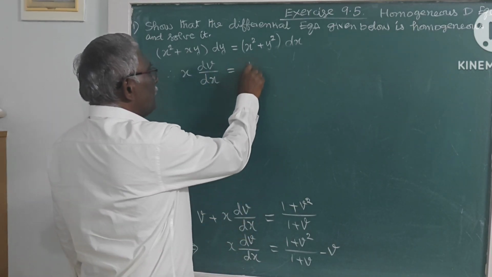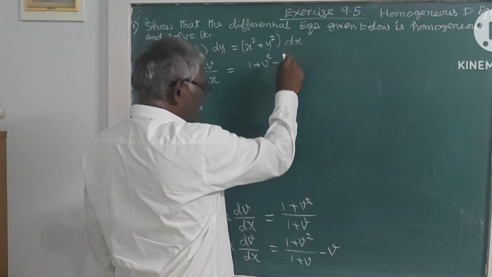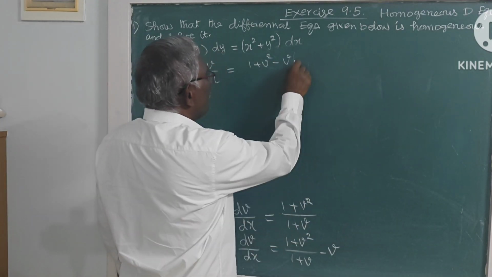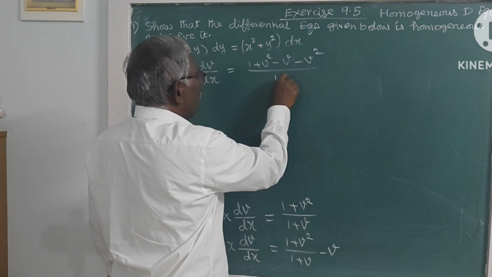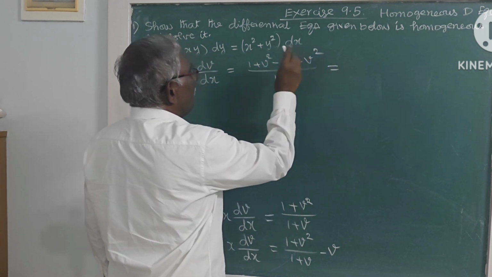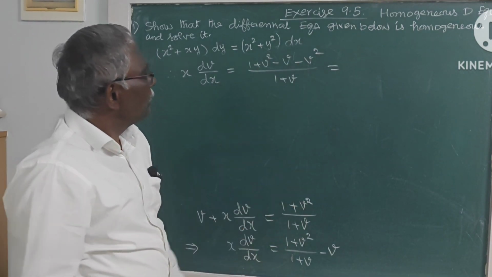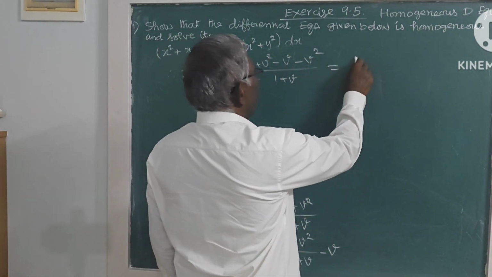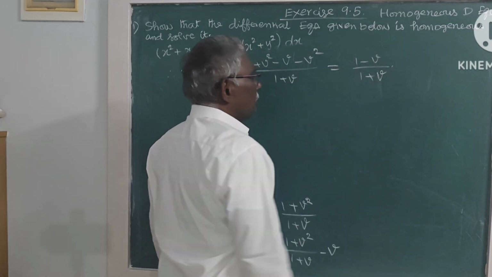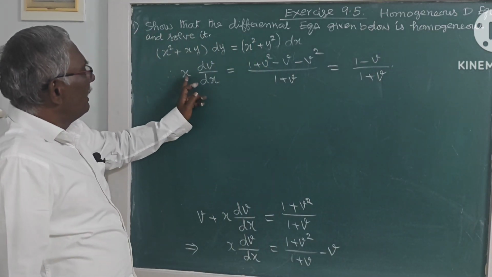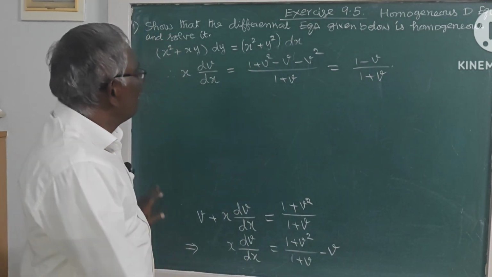So x into dv by dx is equal to (1 plus v square) minus v(1 plus v) by 1 plus v, that is, 1 plus v square minus v minus v square by 1 plus v. The v square terms cancel and we get 1 minus v by 1 plus v. So now x into dv by dx is 1 minus v by 1 plus v.